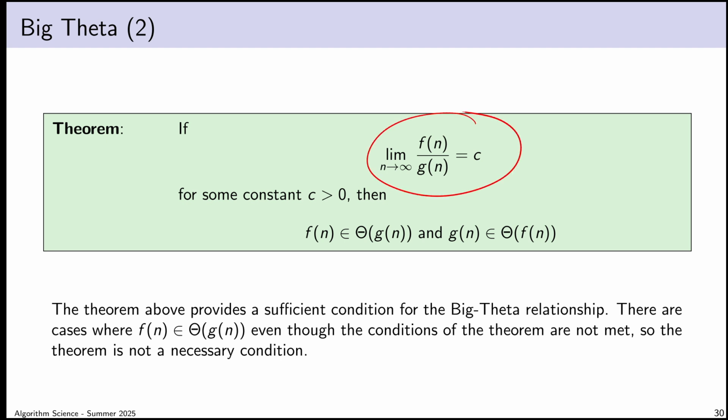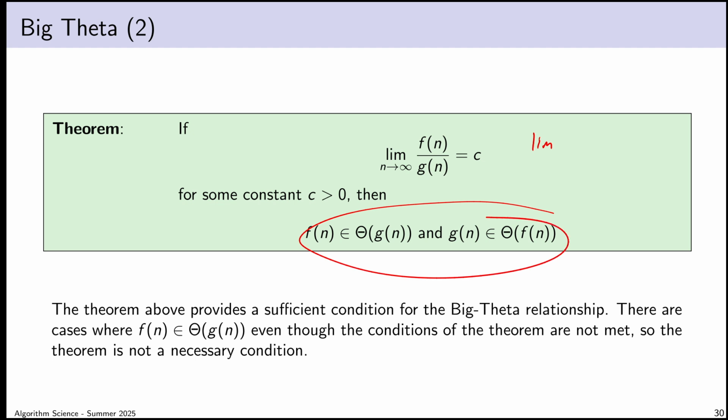If the limit of f over g converges to any non-zero constant, and we'll come back to the case where it equals 0 later, if the limit converges to any positive constant c, then the two functions are big theta of each other. And of course, if the limit of f over g converges to c, then the limit of g over f converges to 1 over c, which is still a positive constant. This symmetric relationship still applies.